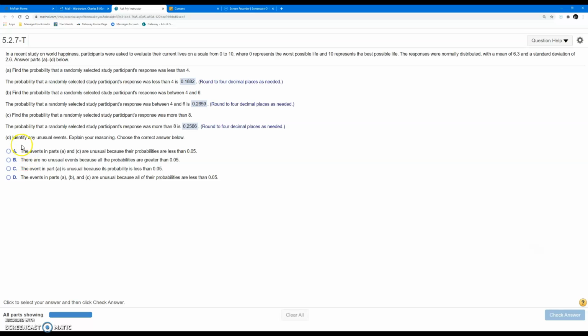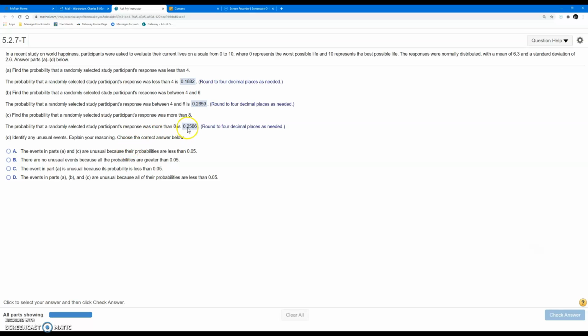The last part of this problem says, are there any unusual events? I think what they say is that unusual events have a probability of occurring that's less than 5%. The probability that somebody has a response less than 4, let's convert that over to percents in our head. It's like a 19% probability. That's not unusual. What's unusual is anything less than a 5% probability. 26, closer to 27% probability, that's not unusual.